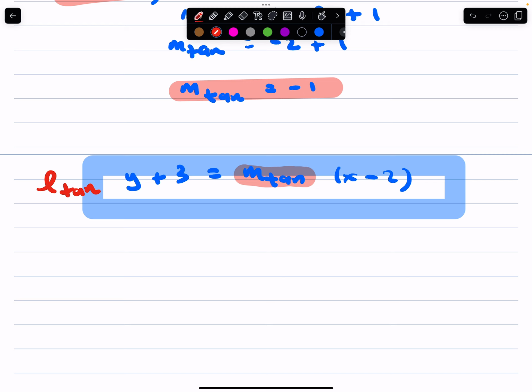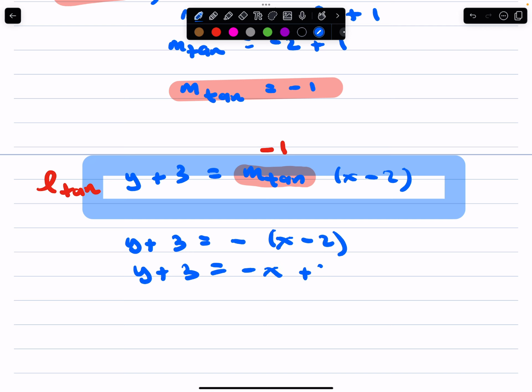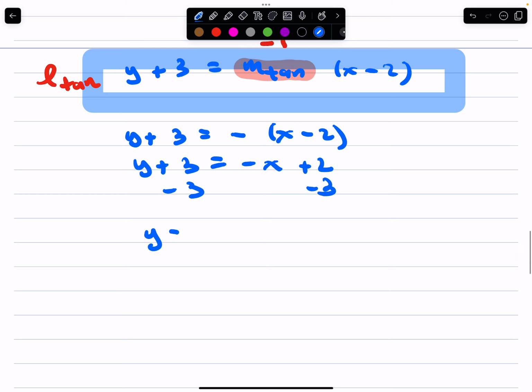Well, we found the tangent, our m tangent. It's -1. So this will give us the first equation. There it is.